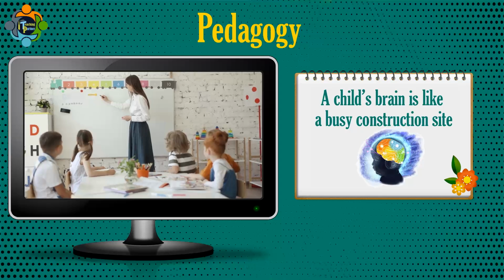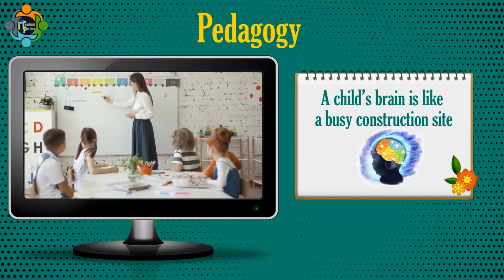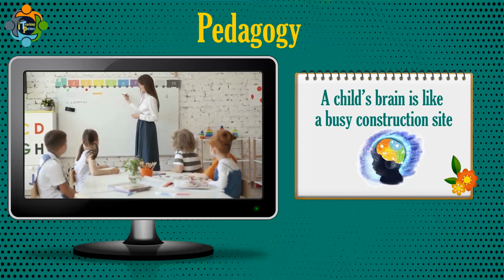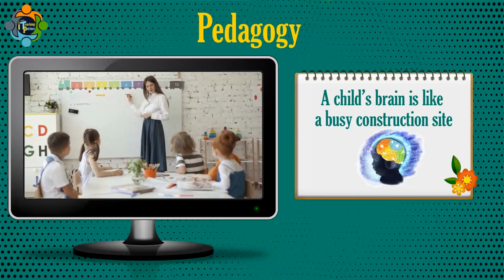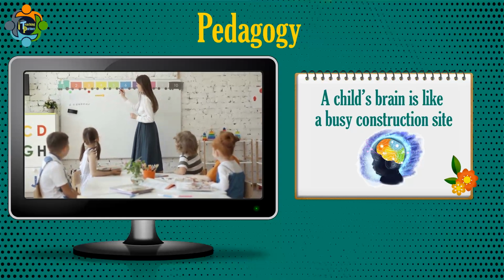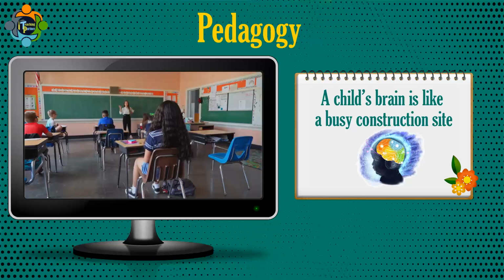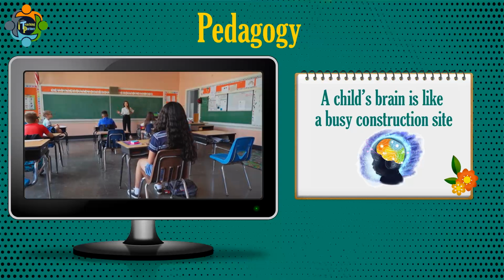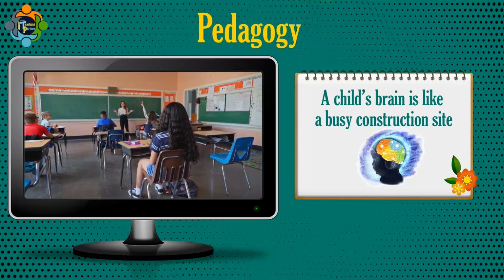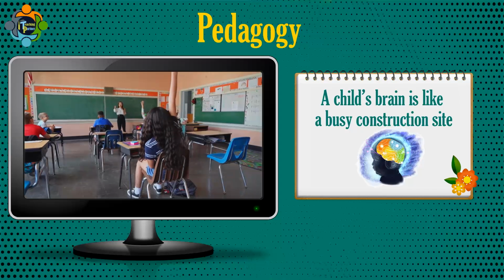Think of a primary school teacher using colorful visuals, songs, and hands-on play to teach a math concept. The child's brain is soaking it all up, building the framework for all future learning. The teacher's role is often more directive, providing the structure and environment for this rapid construction.